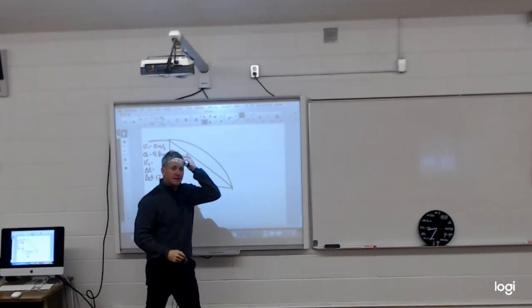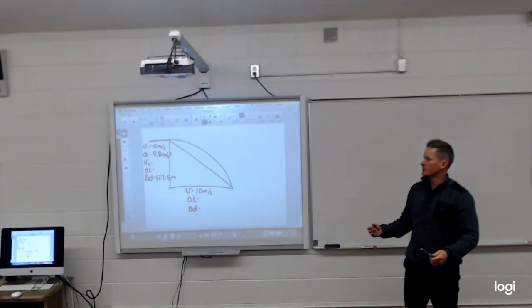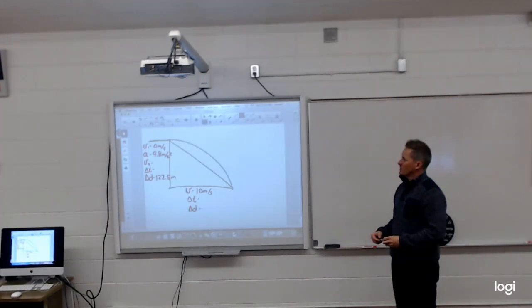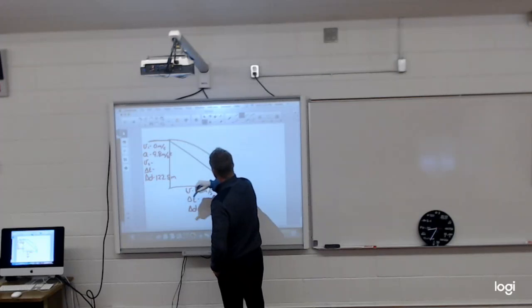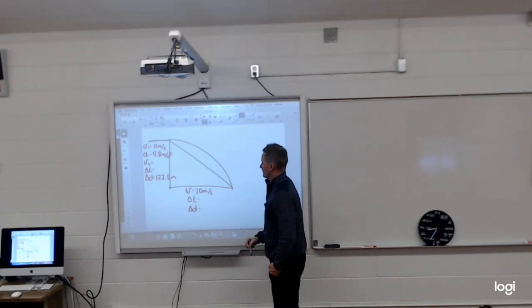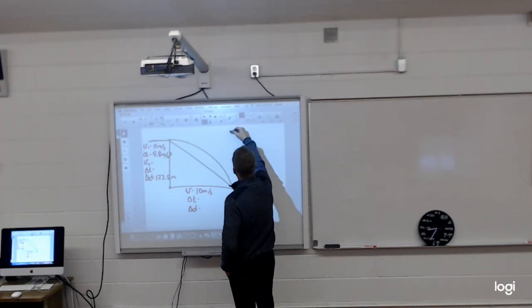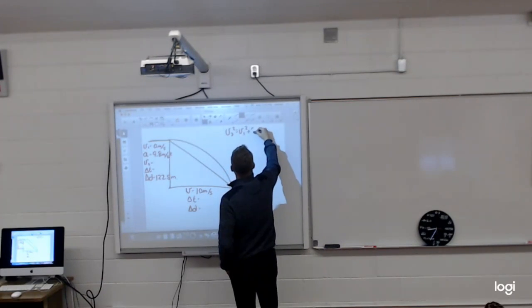So we've done this already, right? We remember this from before. We've talked about this very question. So now I can find out what my V2 was. Let's do that first. And that's the velocity that it's going to hit the ground as if I were dropping it. Okay? So V2 squared equals V1 squared plus 2AD.